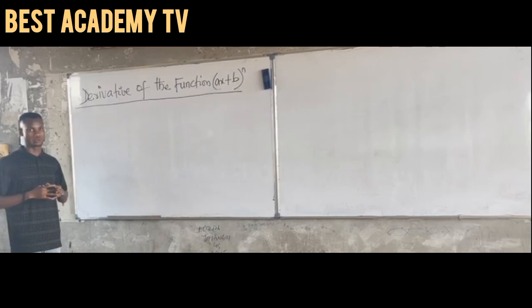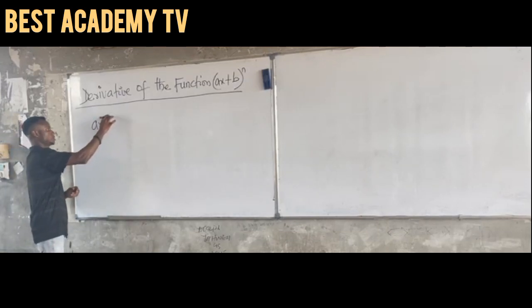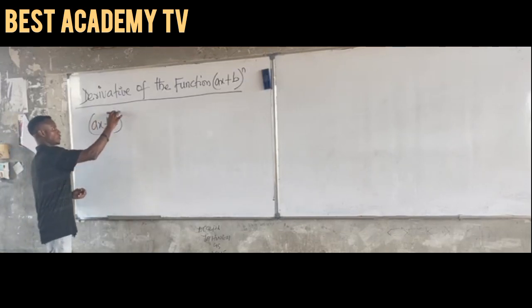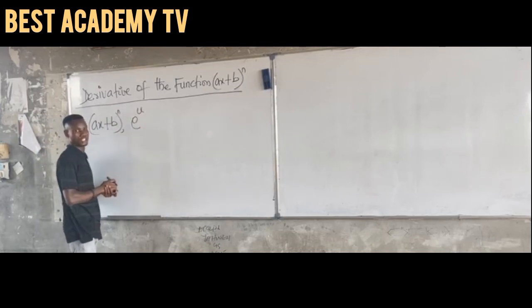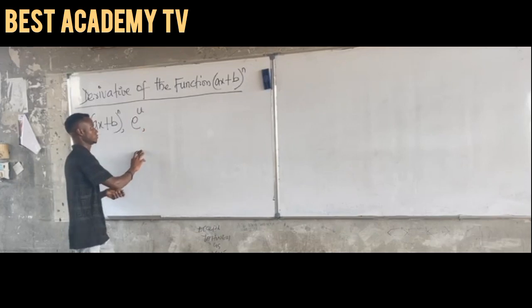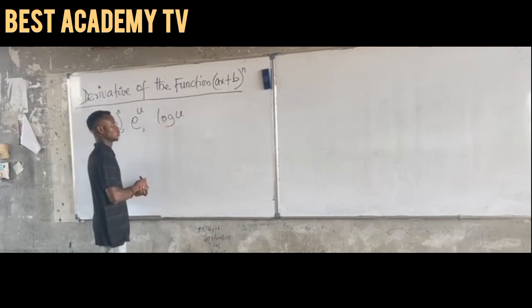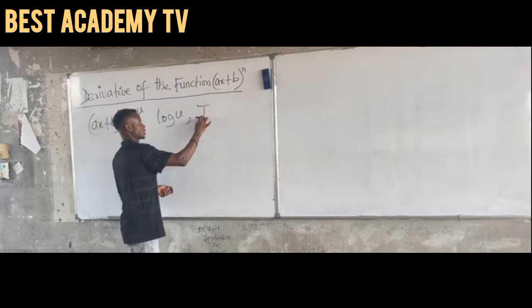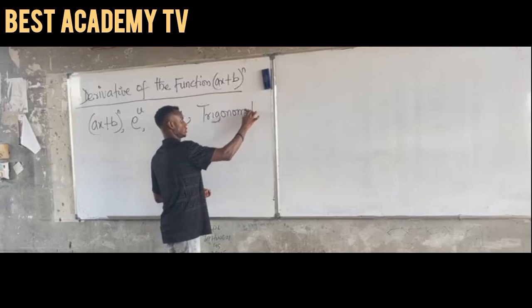Under the chain rule we have (ax + b)^n, exponential functions, logarithmic functions, and all trigonometric functions. Please take note of this.